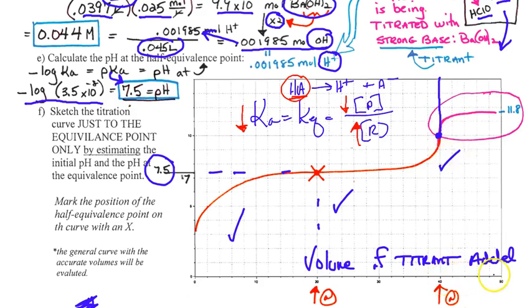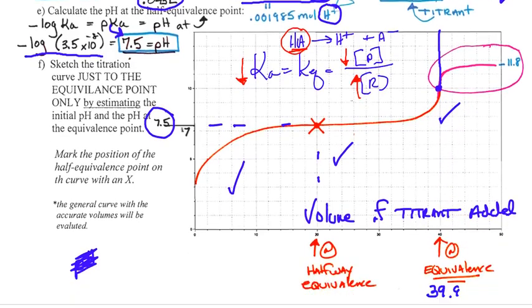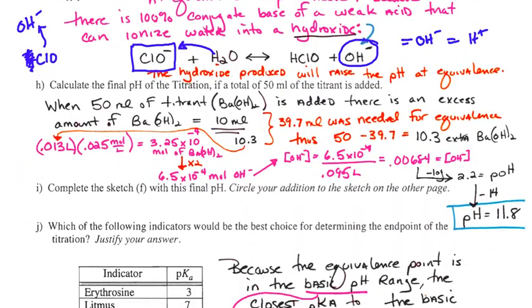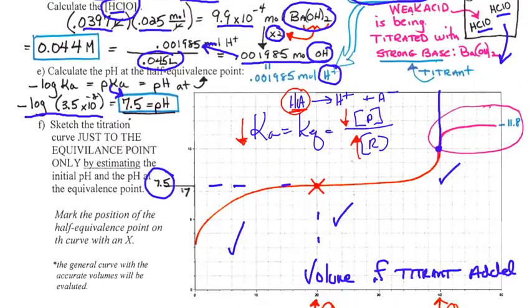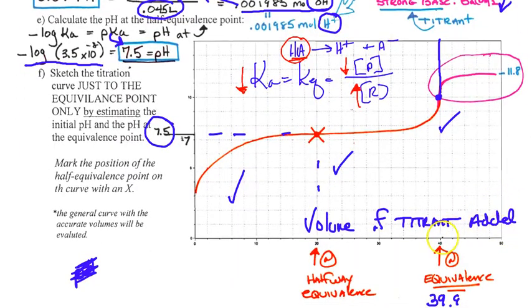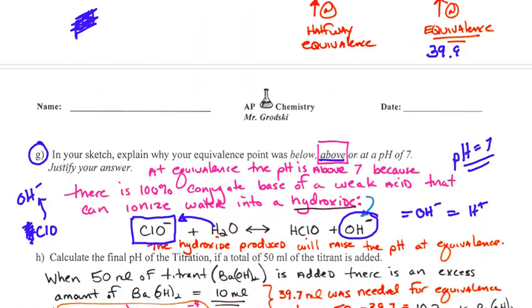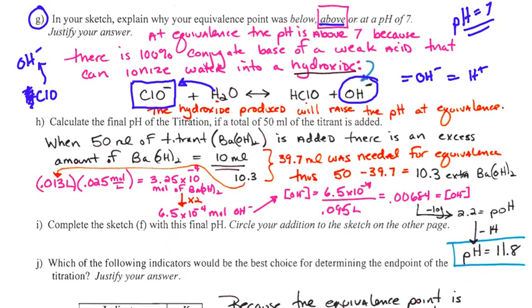So if I'm at 40 and it's going to 50, now it's not 40, it was 39.7. So I subtracted the 10 milliliters, or in this case I subtracted from 50 because that was a total volume here. 50 minus the 39.7 gives me an extra 10.3.